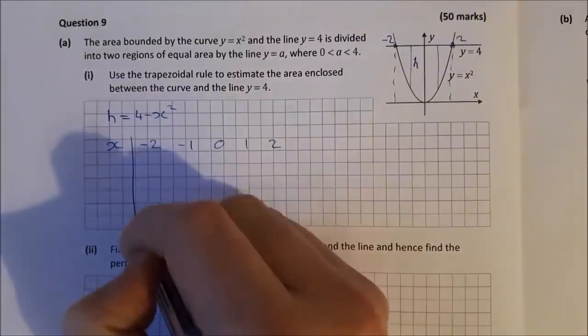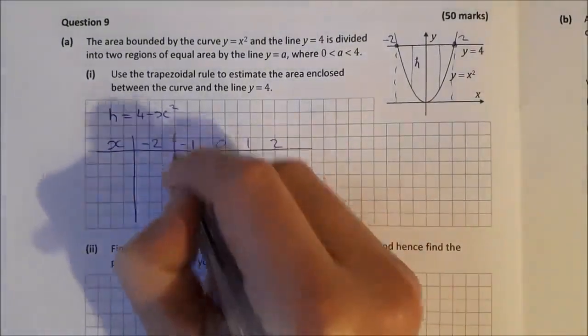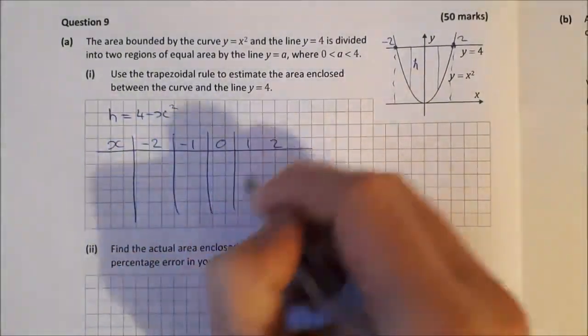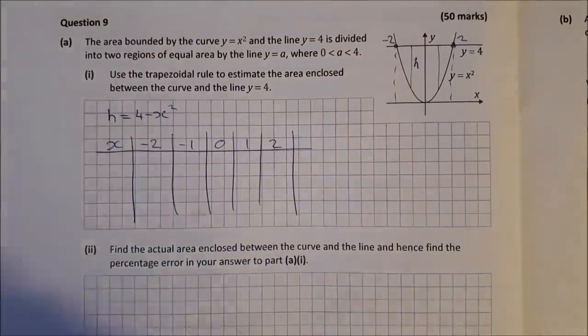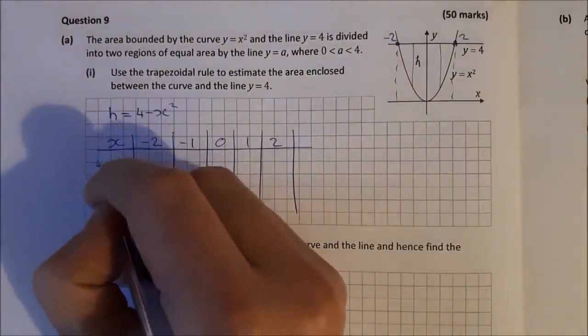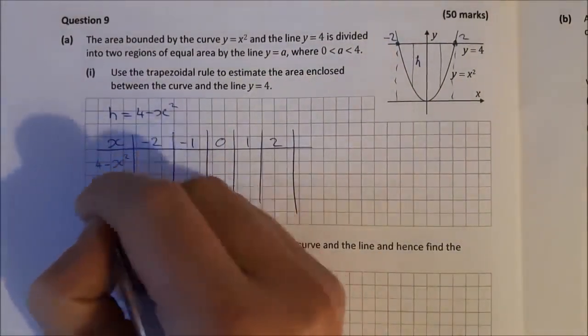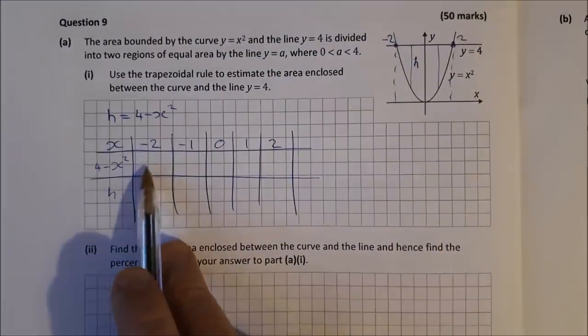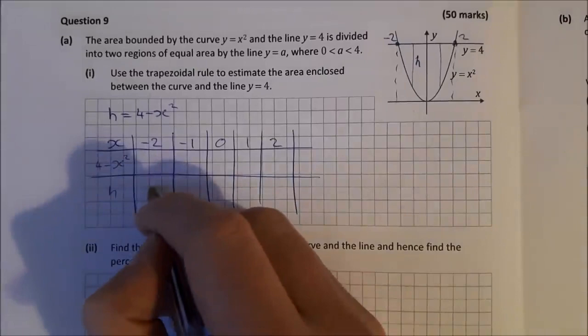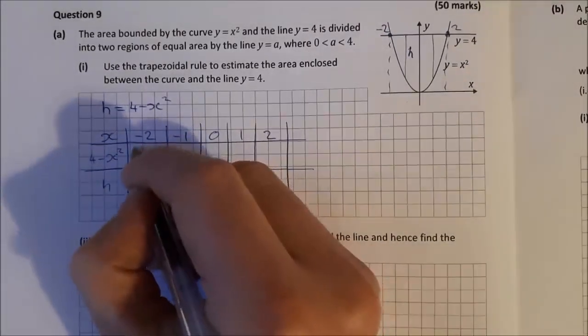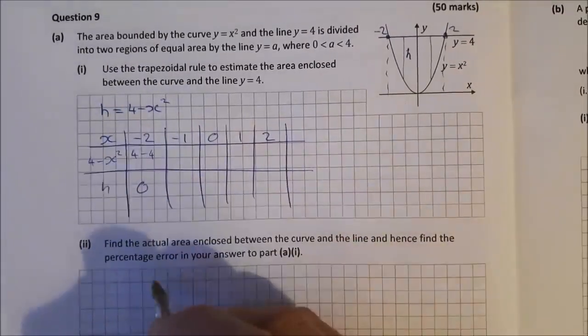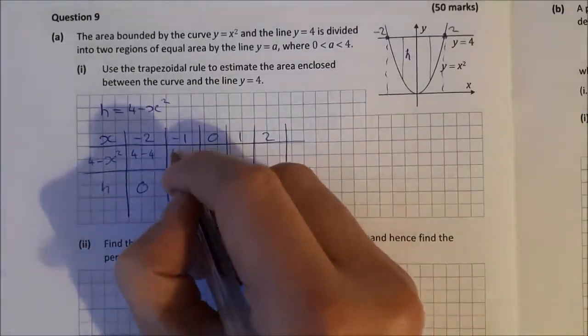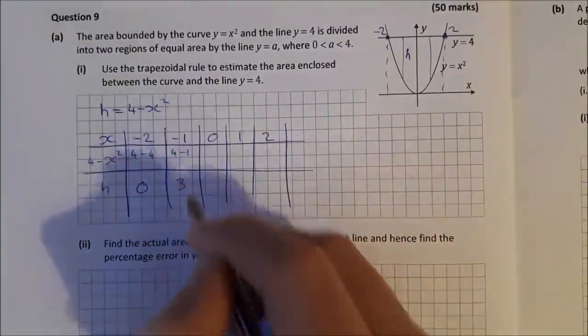These are my heights. I want 4 minus x squared to get my different heights. So 4 minus x squared, my height will be 0. That's 4 minus 4. 4 minus 1, so my height is 3.